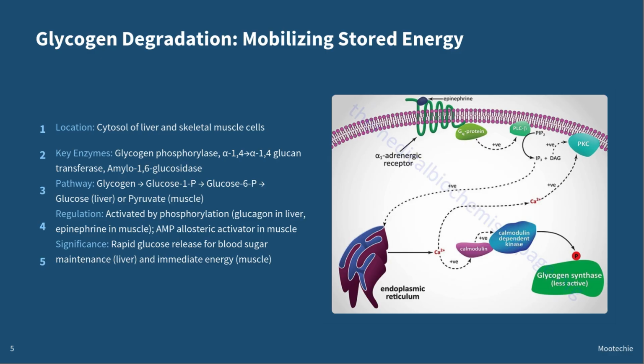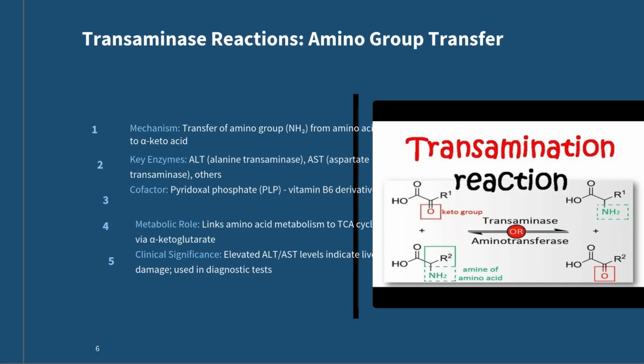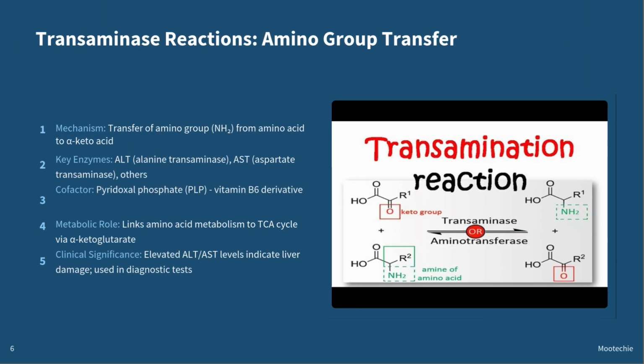Moving forward, we'll see the role of transaminase reactions in amino acid group transfer. The mechanism involves the transfer of an amino group, that's NH2, from an amino acid to a keto acid. Key enzymes are ALT, or alanine transaminase, and AST, aspartate transaminase, among others.